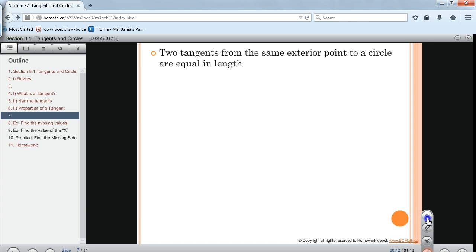Here's another rule. Two tangents from the same exterior point to a circle are equal in length. Now before you start throwing things at me, here's what that means. So there's a circle, there's an exterior point, some outside point. If I were to draw a tangent from there to there and there to there, the point at which it touches the circle to that outside point, touches the circle to that same outside point, those two lines are equal in length, which is handy to know.